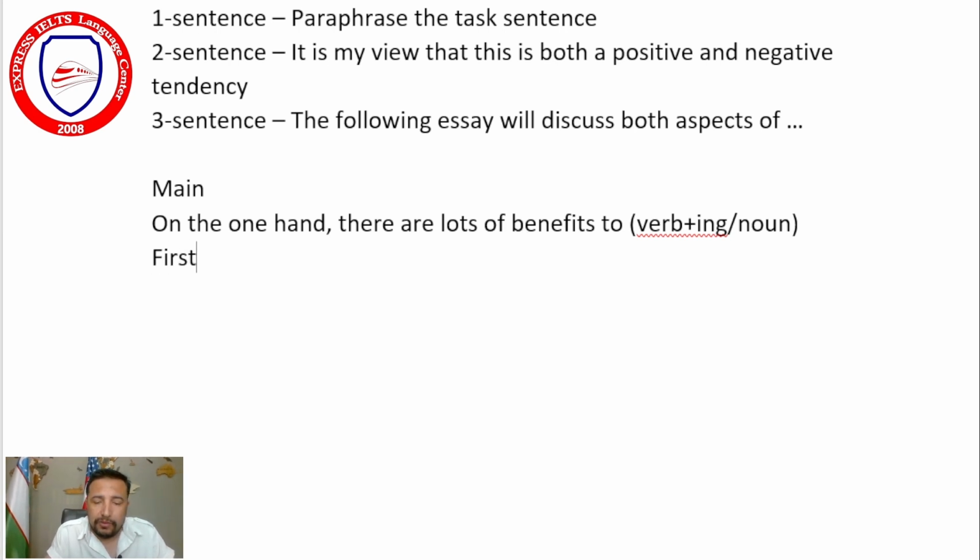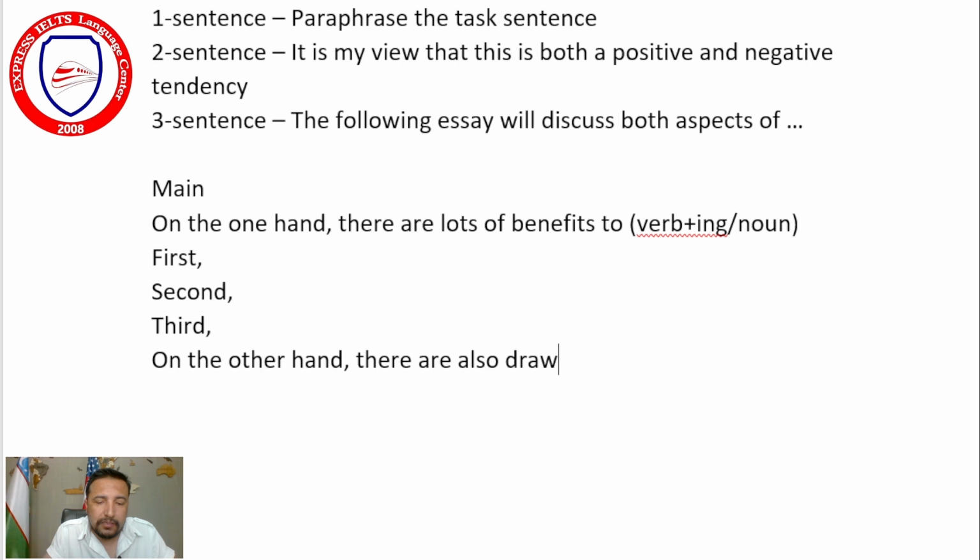You should say first, you can say the positive side given, and second, you should write the second positive side, and then third, the third positive side. After that, you should write the second body paragraph, starting with a topic sentence like, on the other hand, there are also drawbacks to, and after that we can use verb-ing or a noun.